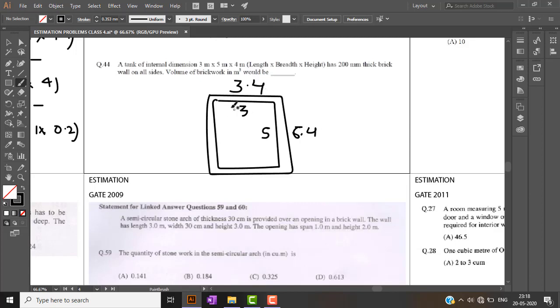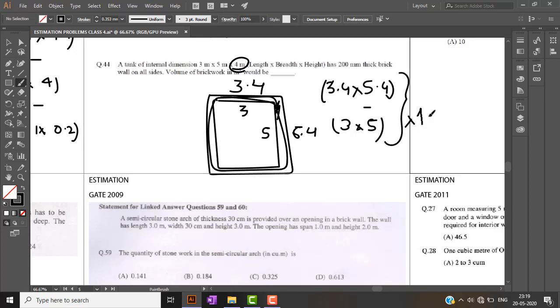So the area of this shaded portion will be 3.4 into 5.4 minus 3 into 5. This will give us the area and it has a height of 4. So if you multiply this equation by 4, you will get the volume of brickwork in meter cube, where this is the area and this 4 is the height.